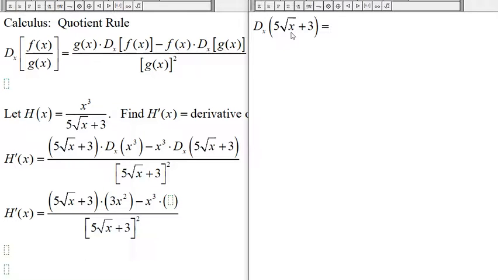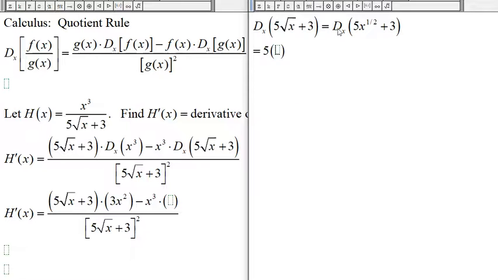So we have the derivative of 5 times the square root of x plus 3. And so let's rewrite this. The square root of x is the same as x to the 1/2. And for the derivative of 5x to the 1/2, we just use the power rule.